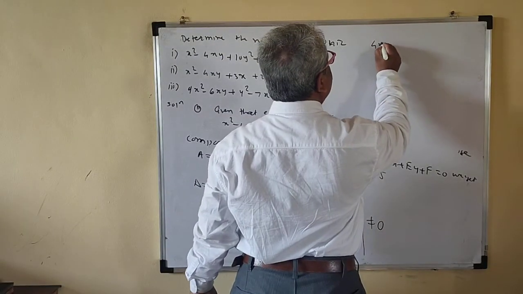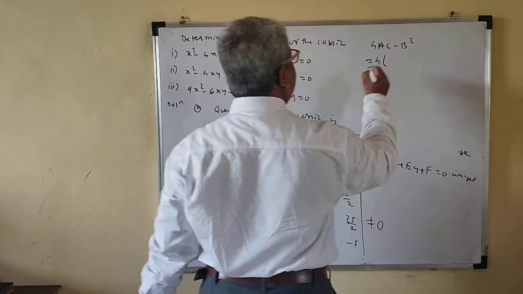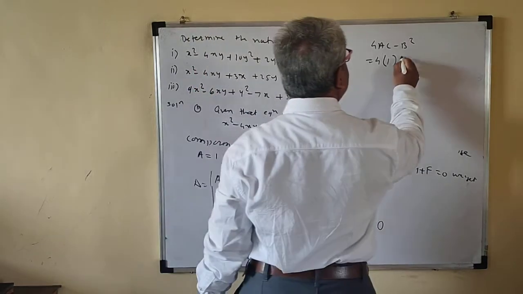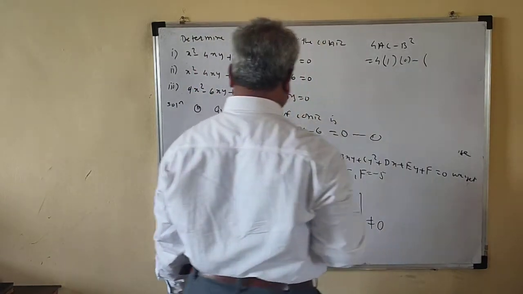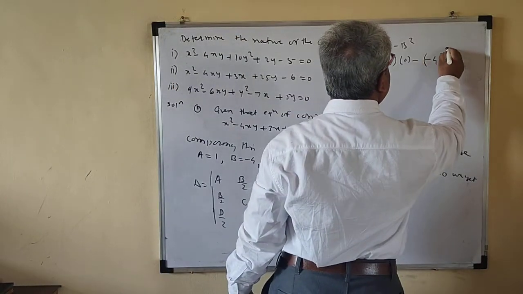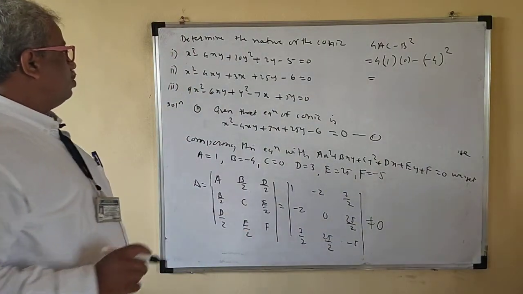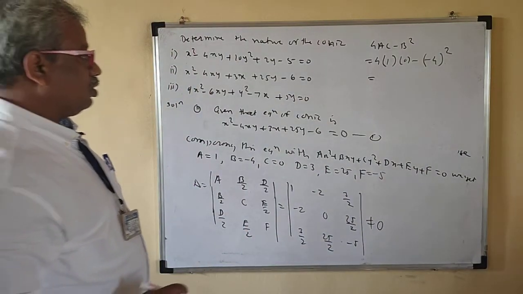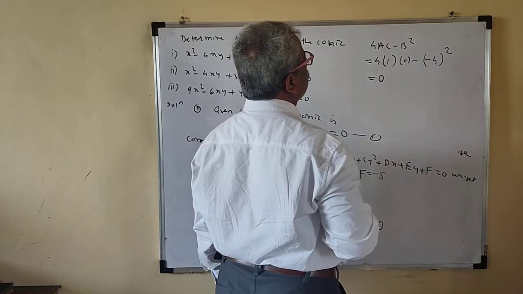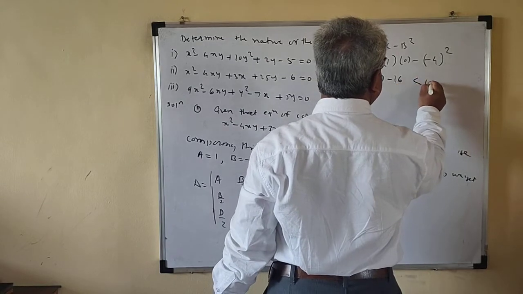So we find 4ac minus b square. 4 times a, which is 1, times c, which is 0, minus b square, where b is minus 4 squared. So this is 0 minus 16, which is less than 0.